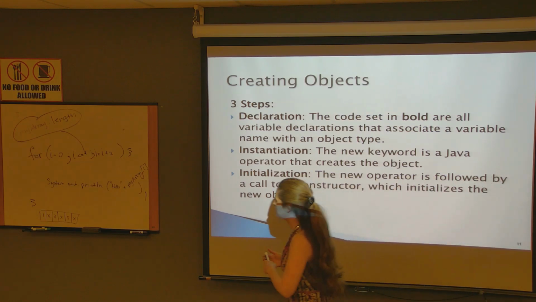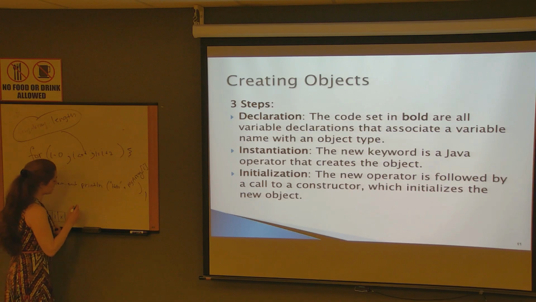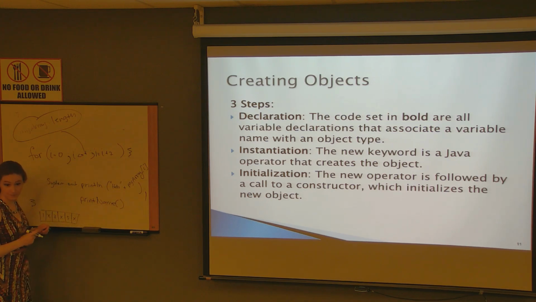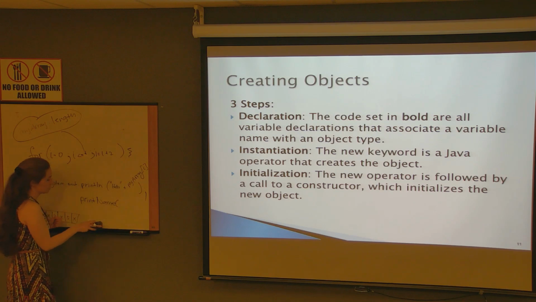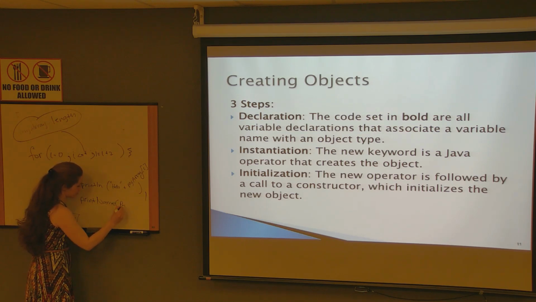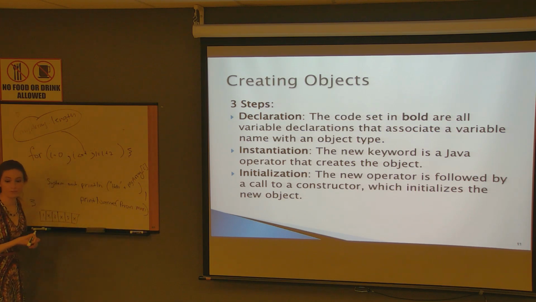What does that mean? It means that if I have a function called print name, for example. I have a function called print name. So far, so good? This function takes an object type person, called man.